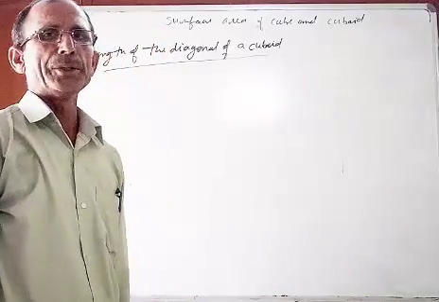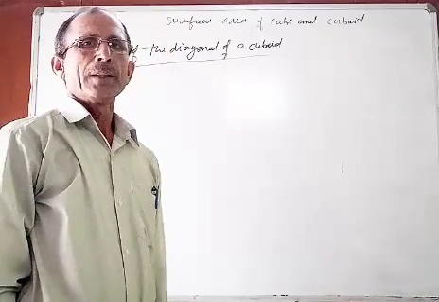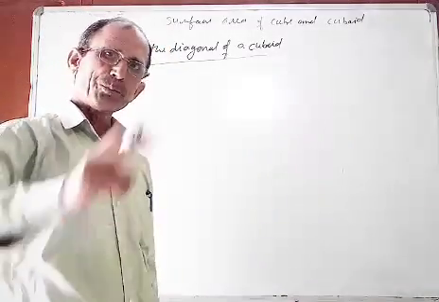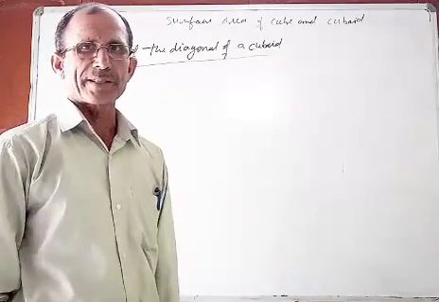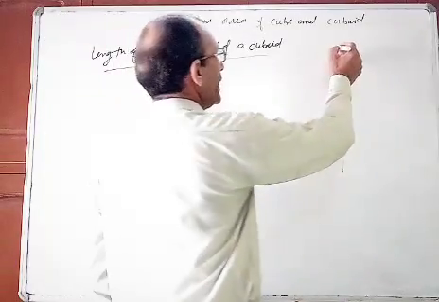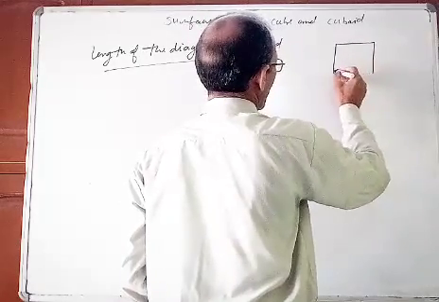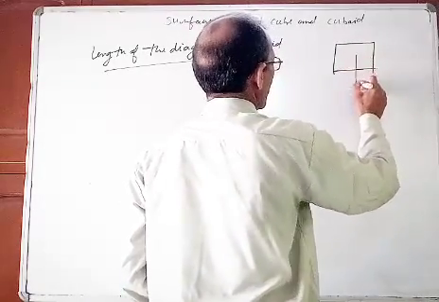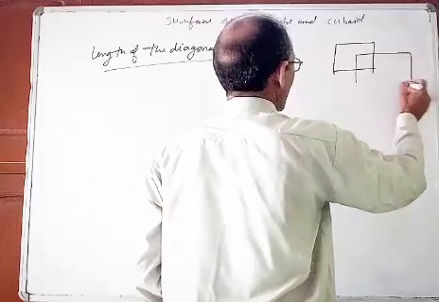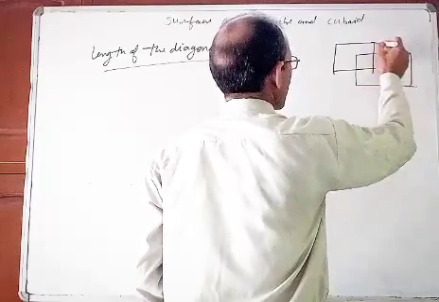First of all, try to know what is the diagonal. Diagonal is the distance between two opposite vertices. So in a cuboid, which are the opposite vertices?